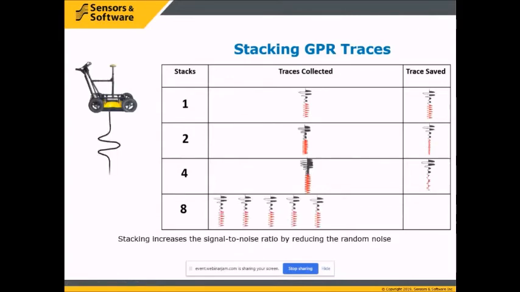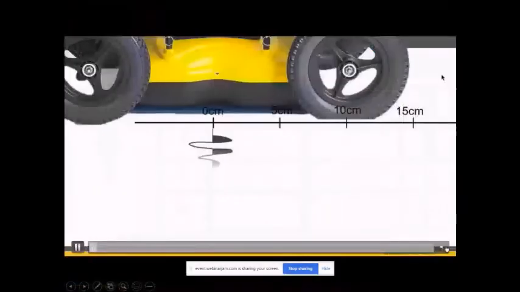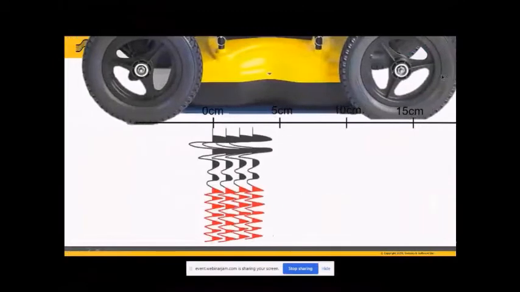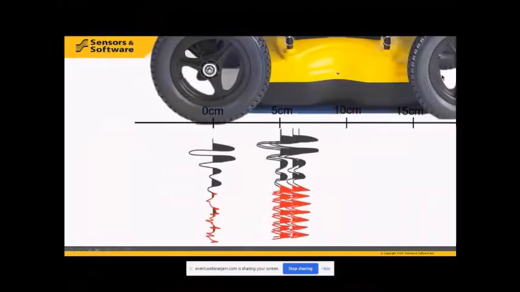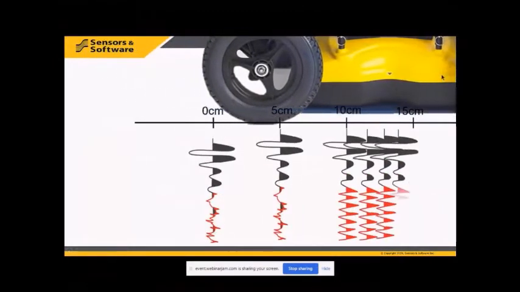The key point here is that stacking traces multiple times and saving the average trace lowers the amount of noise, shown here as red signal, in the average trace. The more you stack GPR traces, the lower the noise, the better the GPR signal, and the deeper the depth of penetration. Here's another way of showing this concept, perhaps a better way, because it shows what actually happens when you're collecting the GPR data.